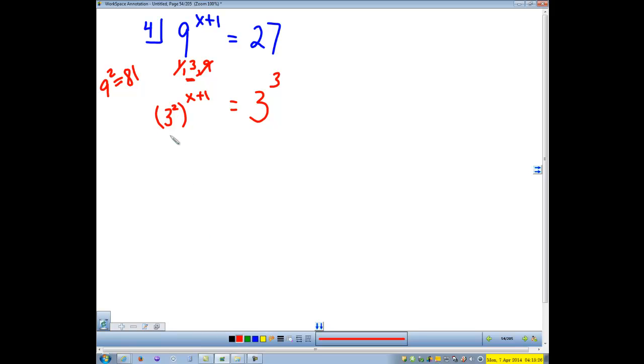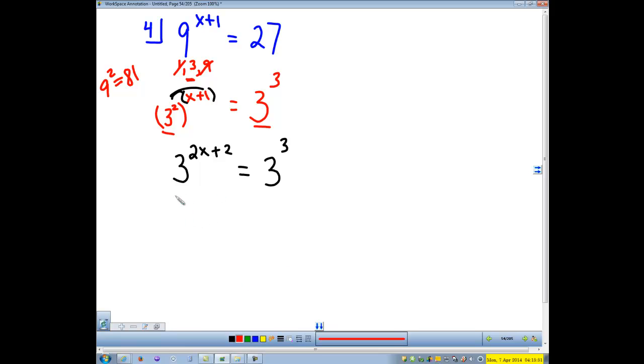Now that I've taken care of getting the same base, I need to follow my laws of exponents. This is a power raised to a power, so I need to multiply the powers. So we have 3. 2 times x is 2x, and 2 times 1 is 2, and that's equal to 3 to the 3rd power.